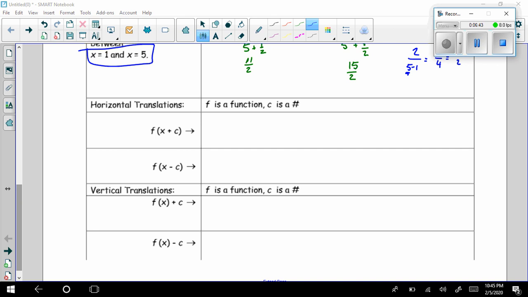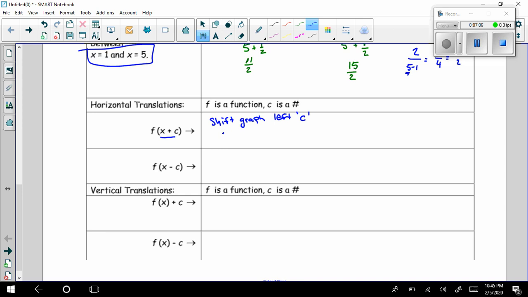But just to go back over it real quick, so feel free to fast forward. Remember that x plus c is going to shift the graph, any function that you graph, left c number of units or spaces.